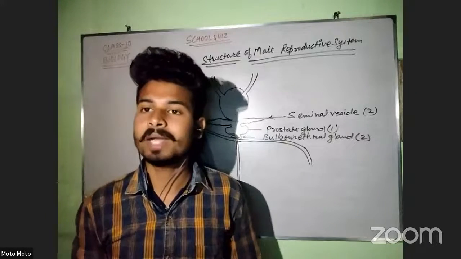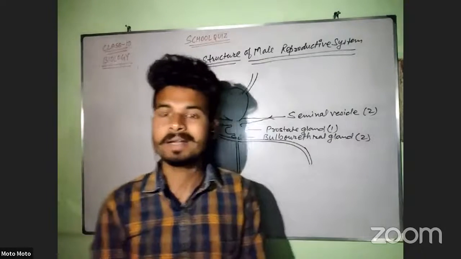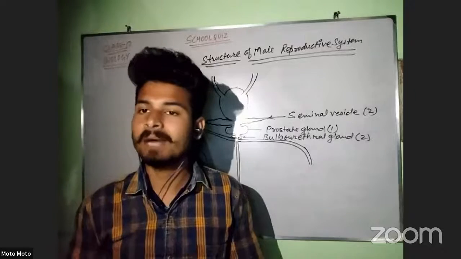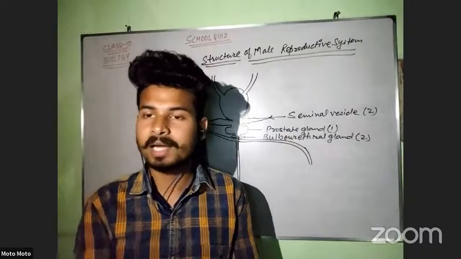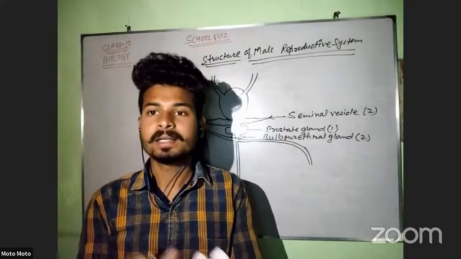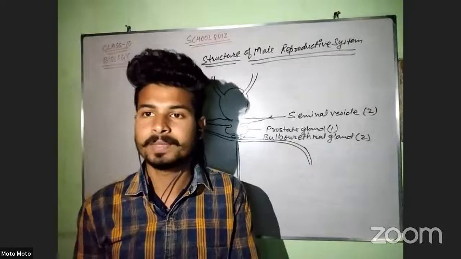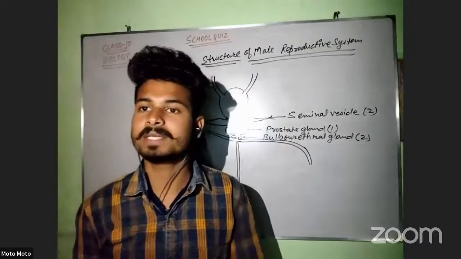Leishmania is a protozoan parasite that causes the disease named Kala-azar. Plasmodium, when it comes in our body, causes malaria. So protozoa is a category in which these organisms come.